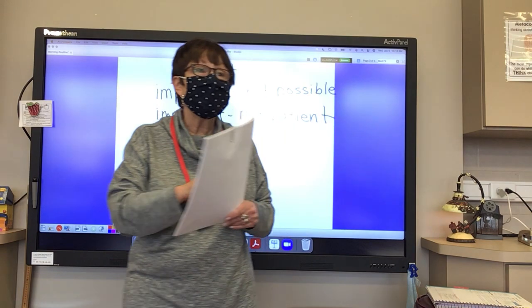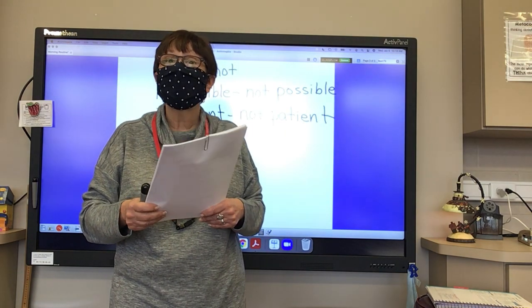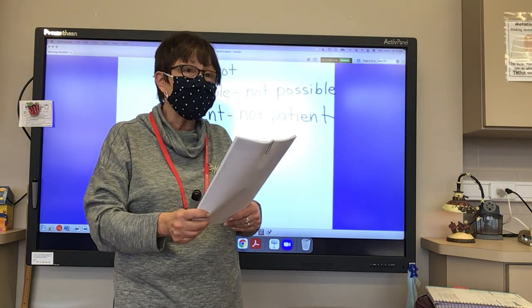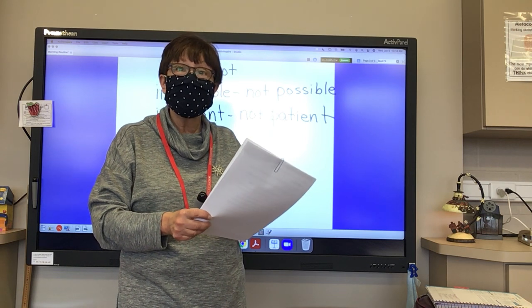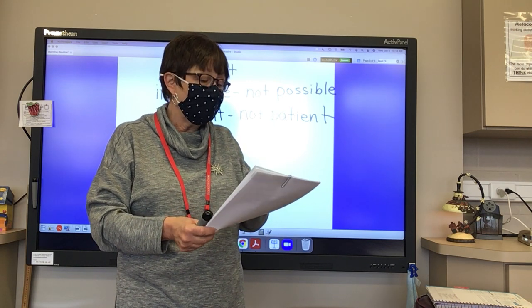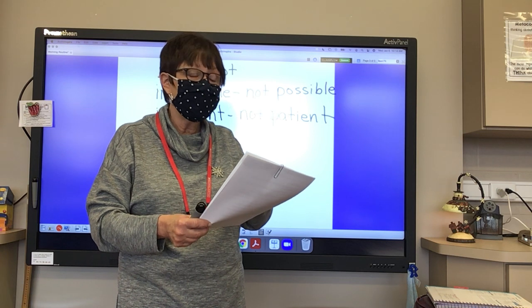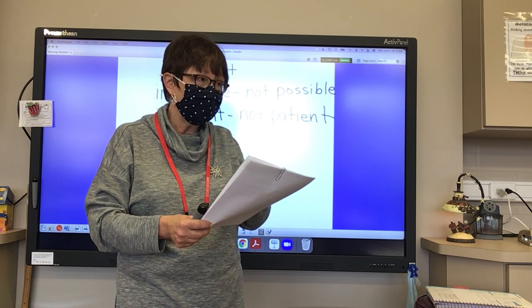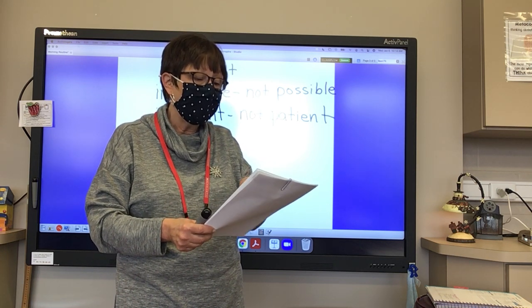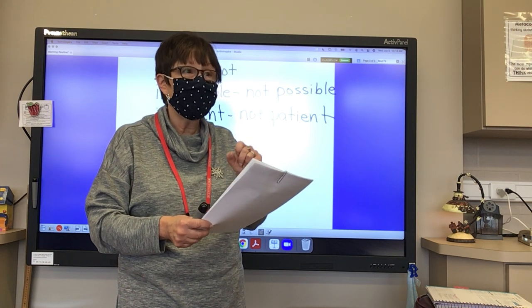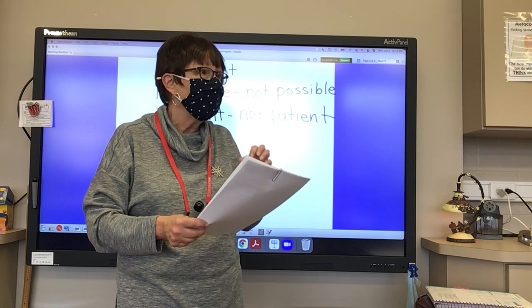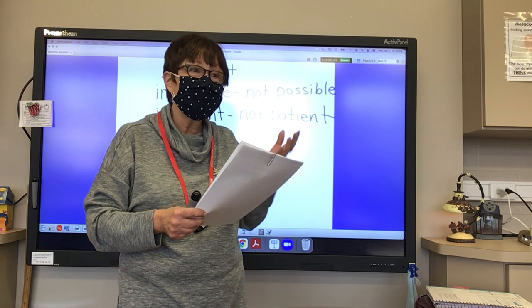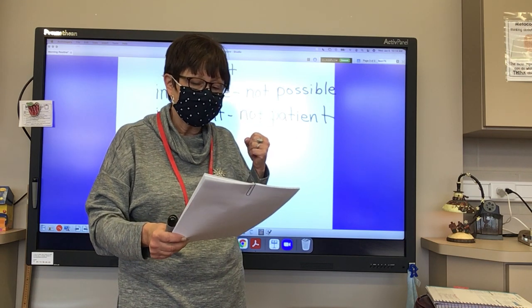So we have base words, but we have to add im to them. So let's look at our base words. We have possible, patient, polite, balanced, and movable. Now we're going to add im to the front of them to make new words.